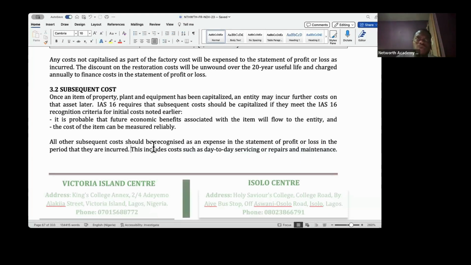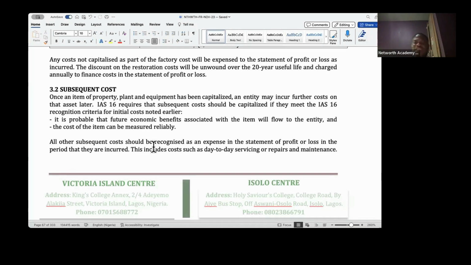If your car is supposed to last 5 years and you service it the way you should, it will actually last the 5 years. It might not necessarily go to 7 or 8 years. But if you don't service it, that asset will not get to that 5 years before it packs up.